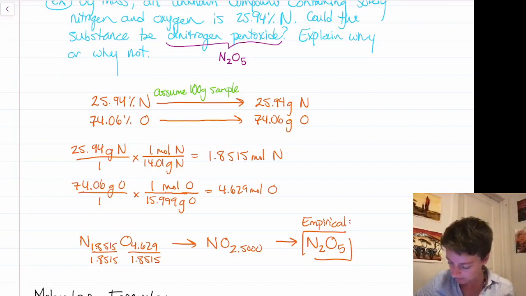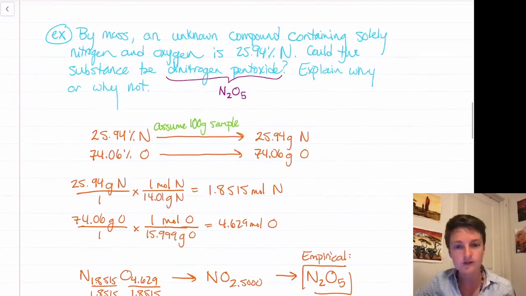All right, so now that we've done that, we can go ahead and answer our original question that was posed to us. Namely, could this unknown compound be dinitrogen pentoxide? And what I would say to that is that we have found data that is at the very least consistent with this compound being N2O5 because we have an empirical formula that's N2O5.